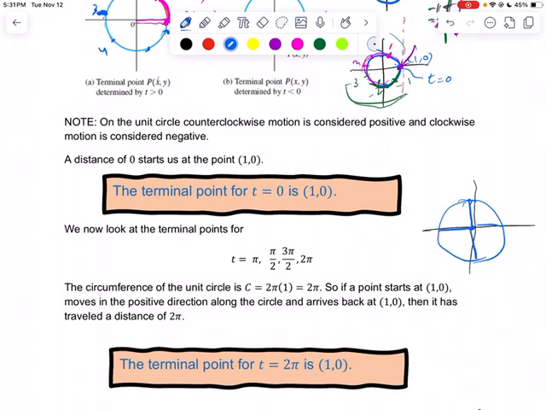All these lengths are 1. So if I draw any line from here to the circle, the length of that will be 1.